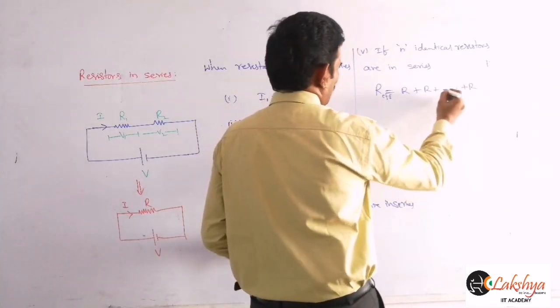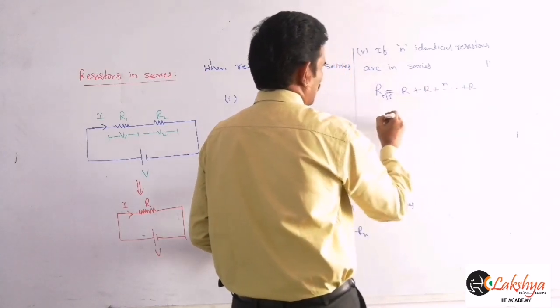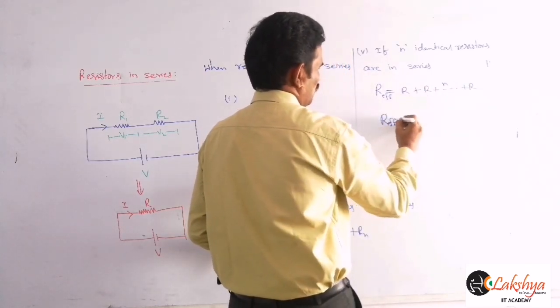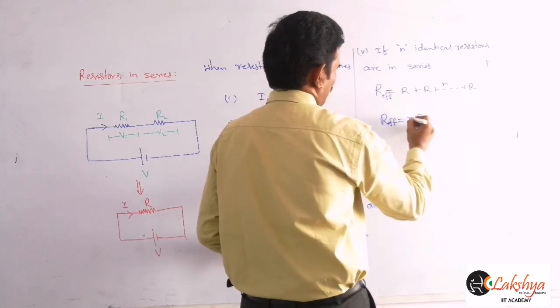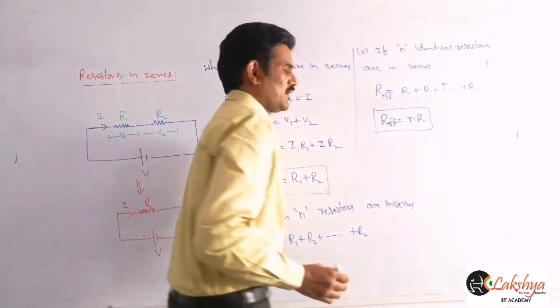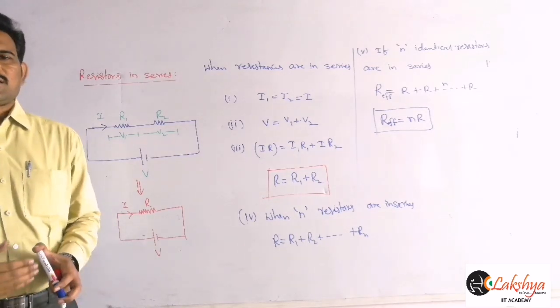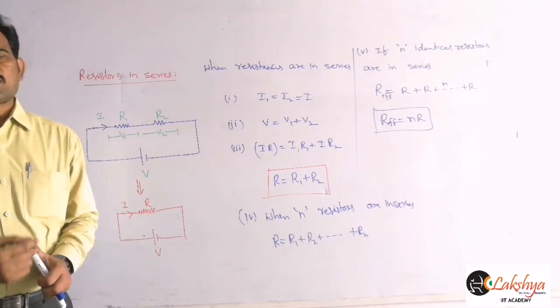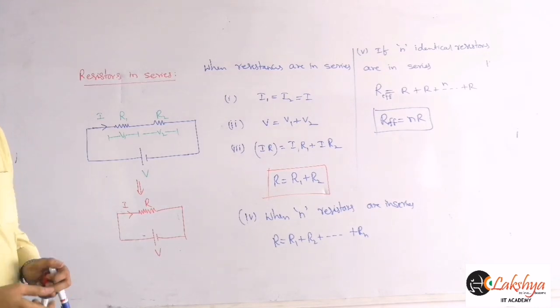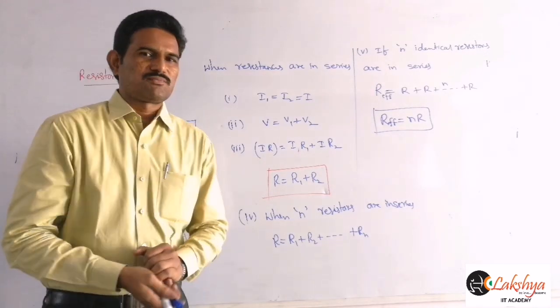So n terms will be there here. Therefore this R effective we can write as n into R. So if n identical resistors are connected in series, then the effective resistance is n times the resistance of each individual resistor, right?